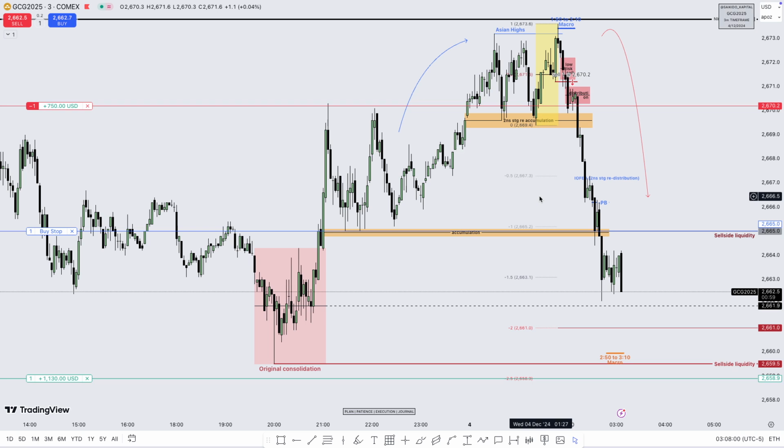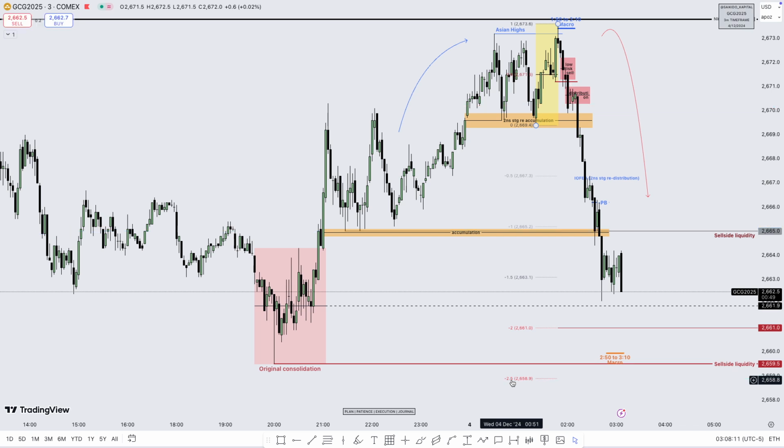That's what I'm talking about. How far below original consolidation lows can this gold go? Negative 2.5 standard deviation. That's why my take profit is there.